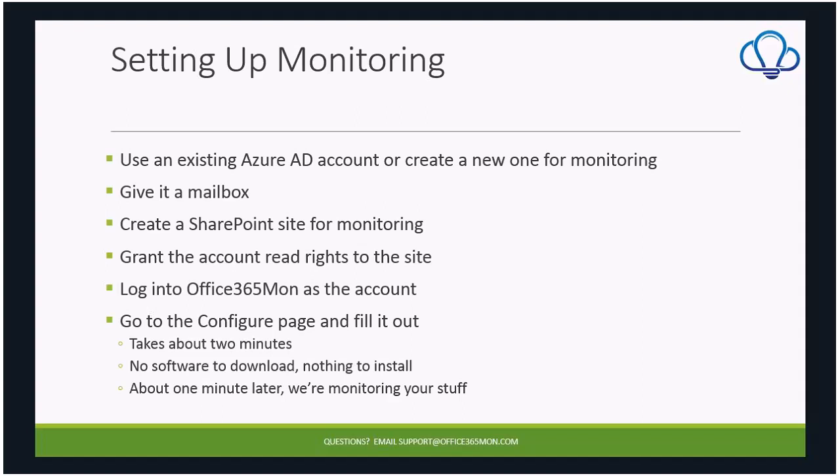Azure AD says, if you're not logged in, log in now. And it says, hey, Office 365 Mon wants to be able to access this mailbox or this SharePoint site. Do you agree to that or not? That's called the consent process that Azure AD has. And so you have to say yes or no.